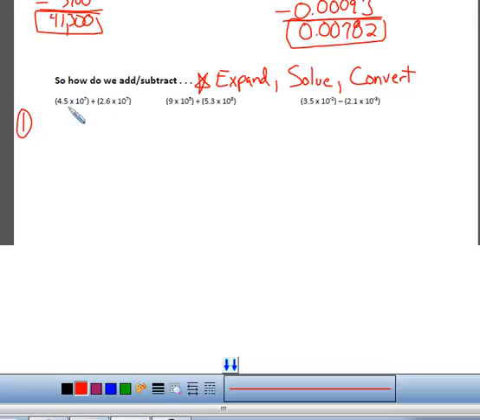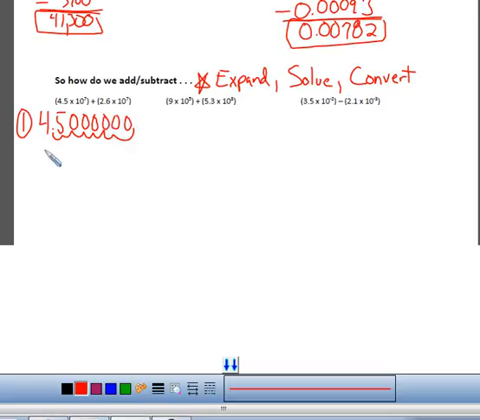All right, so step 1, expand. So I have 4.5 times 10 to the 7th power. So 4.5. Now I'm going to bring this over 7 times. 1, 2, 3, 4, 5, 6, 7. So in other words, I need to add 6 zeros.